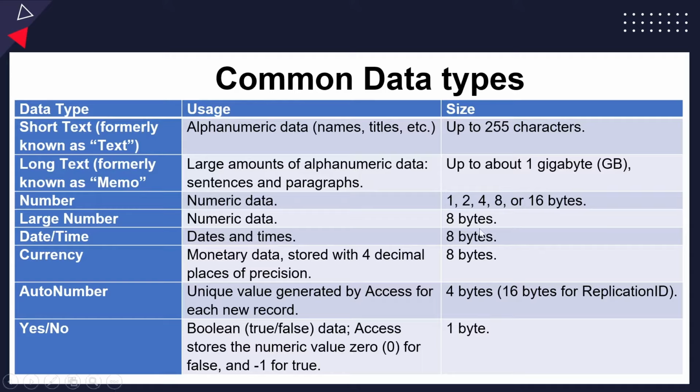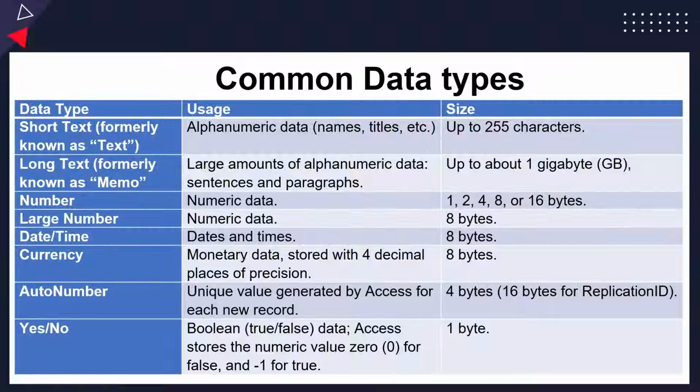Then we have the other data type as date and time. Date and time will be used for storing dates and times. Then we will use currency as a data type to store monetary value. Then we'll use auto number to generate unique values, like to create automated numbers, maybe when creating IDs.